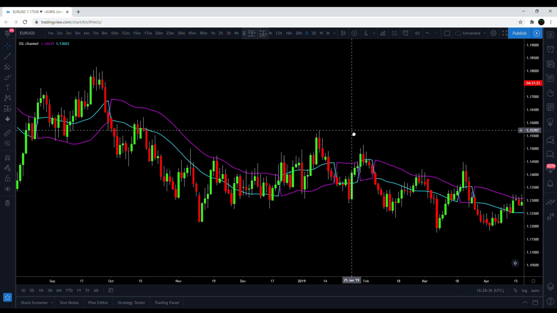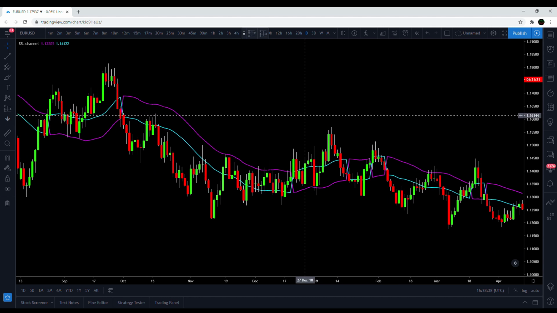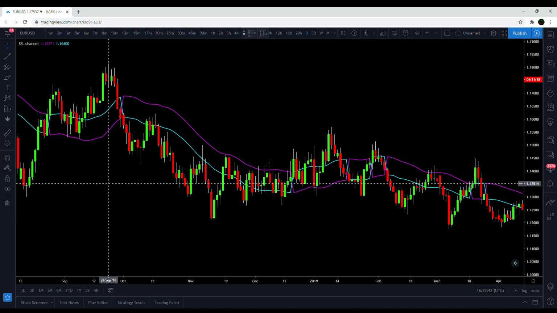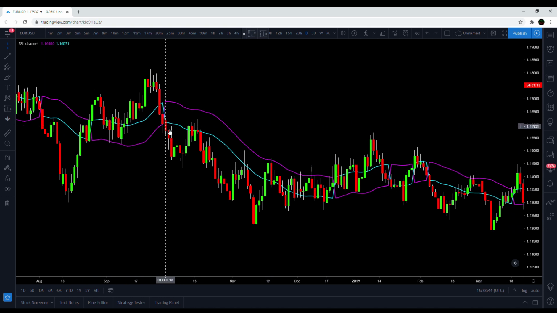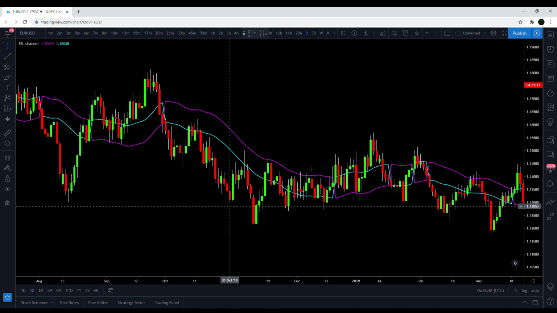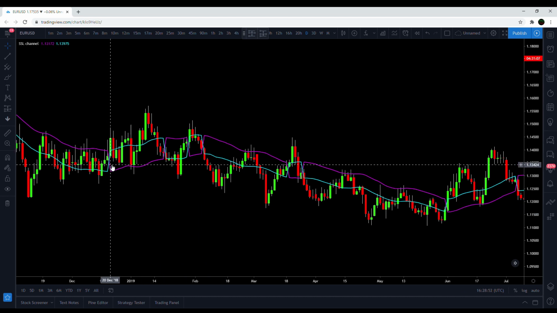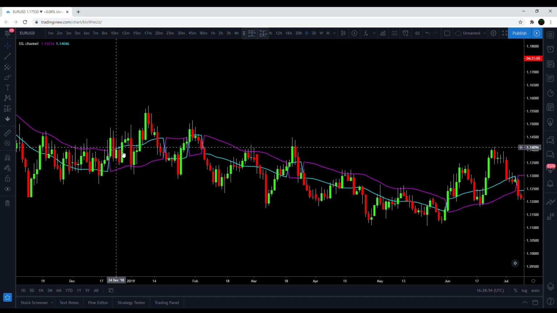But what we need to make sure is it still gets us into the nice moves. So does it get us into this move, even in this choppy sort of range? Well, yeah, gets you into this move right here. And you have a profitable trade. I think you're going to get taken out on that one.